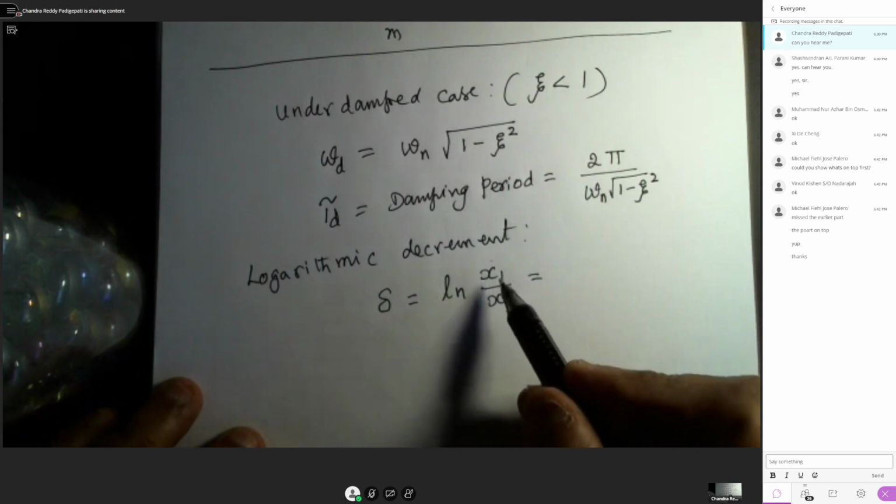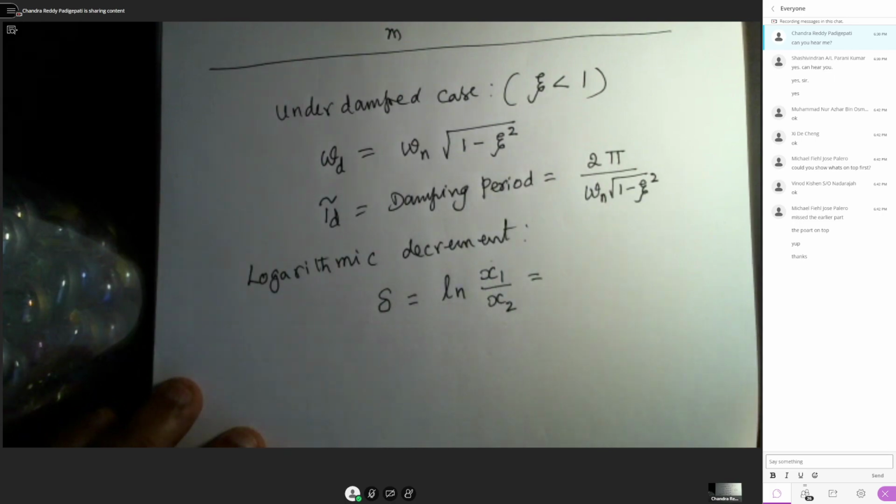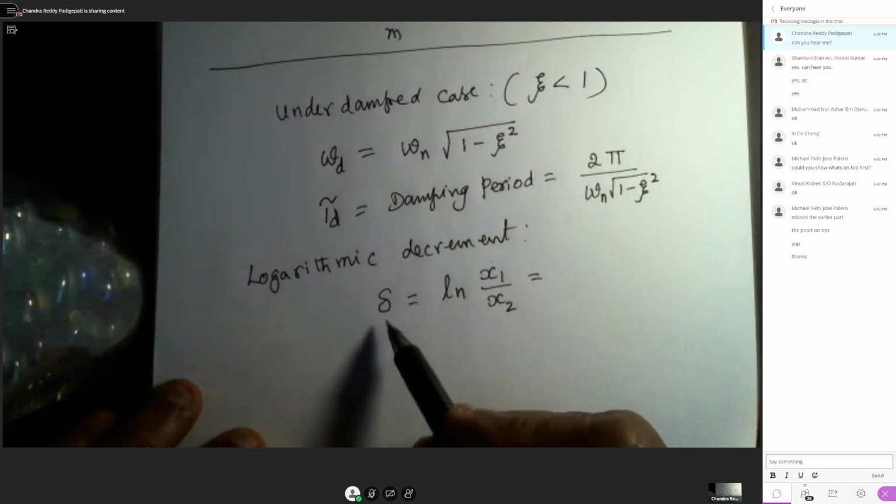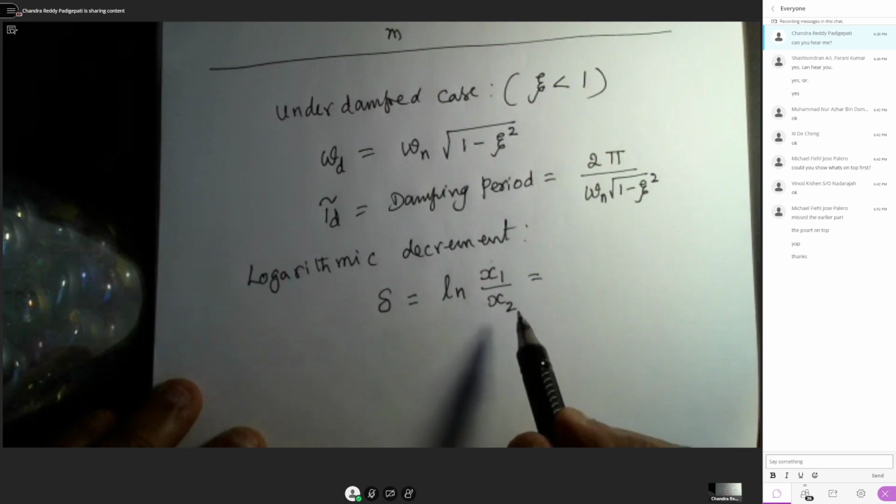of the system. So once we trace the response, meaning the vibratory response, we'll have the amplitudes with respect to time, how the amplitude is changing with respect to time. Therefore we'll be able to measure these successive amplitudes, and thus we'll be able to know the logarithmic decrement from the experimentation.